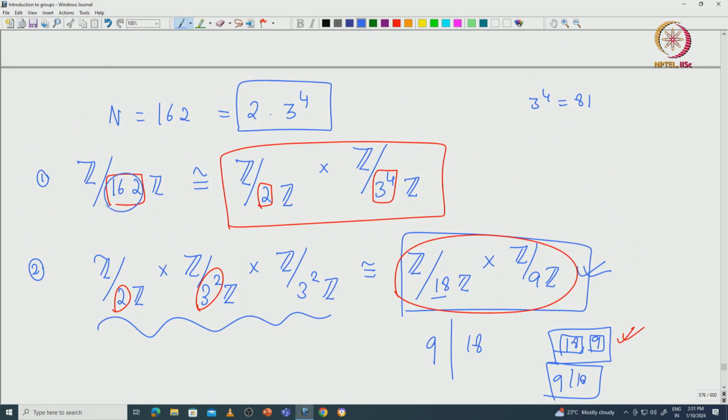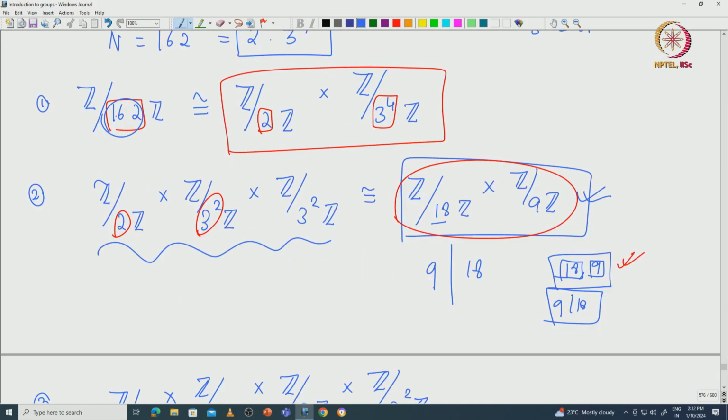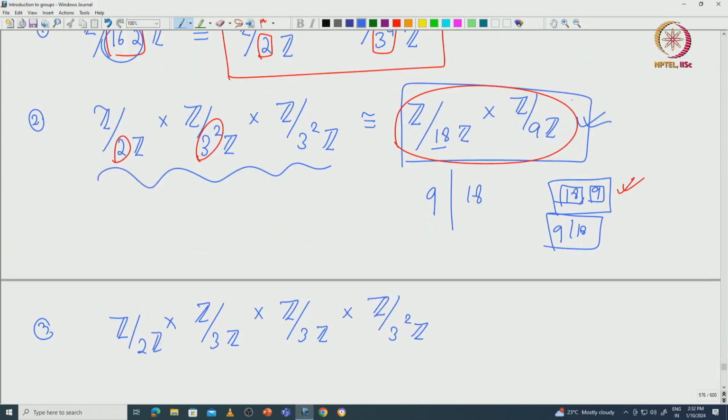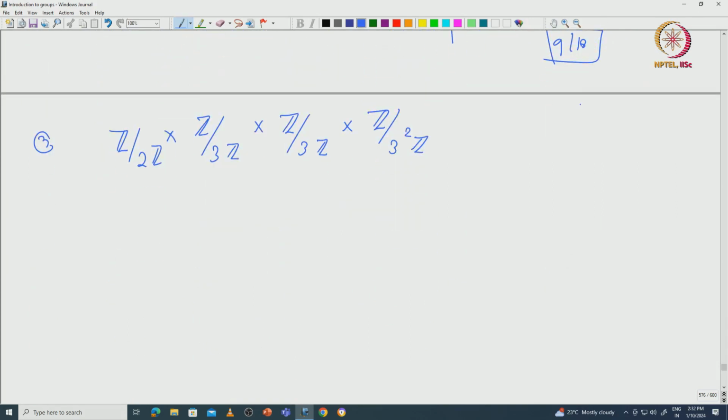In the previous example there is only one component 162, so we do not have two different components, but in example 2 you have two different components in the second version. Now if you take this particular example, to get such a version you have to take the highest power of 3 and combine it with 2, because 2 and 3² are relatively prime.